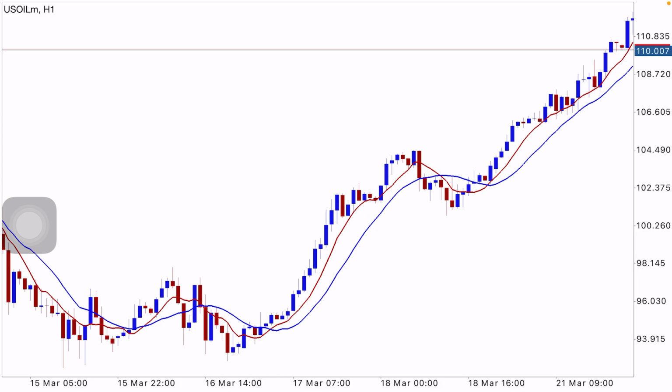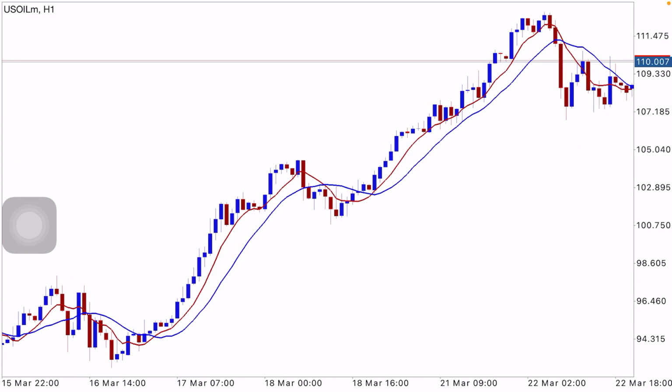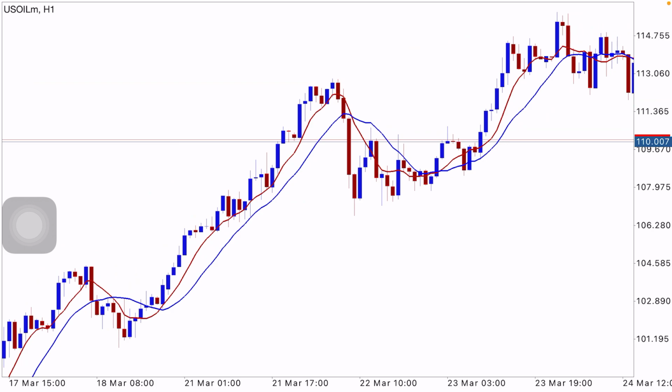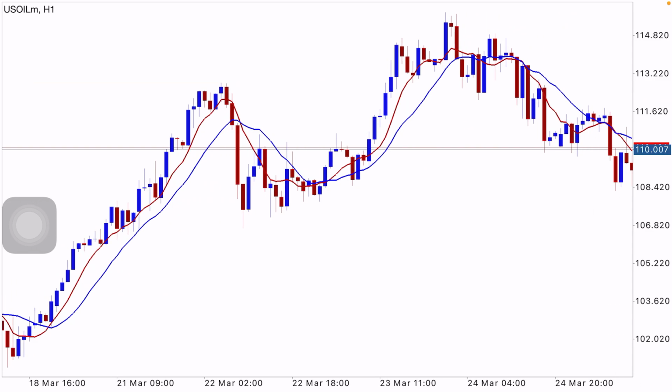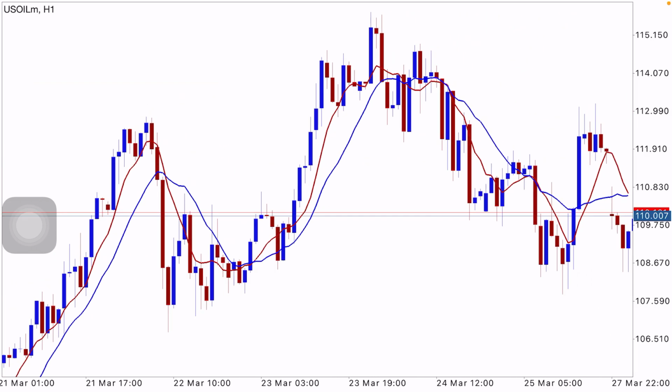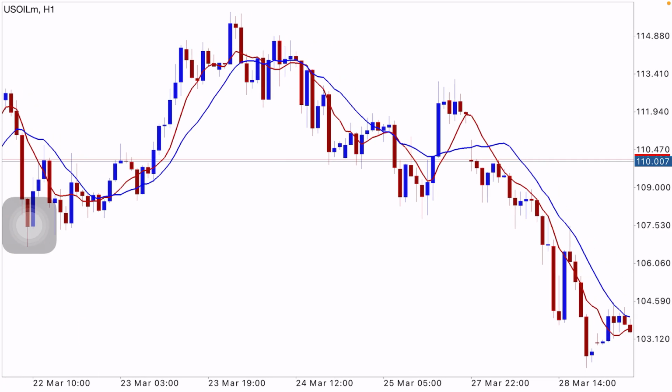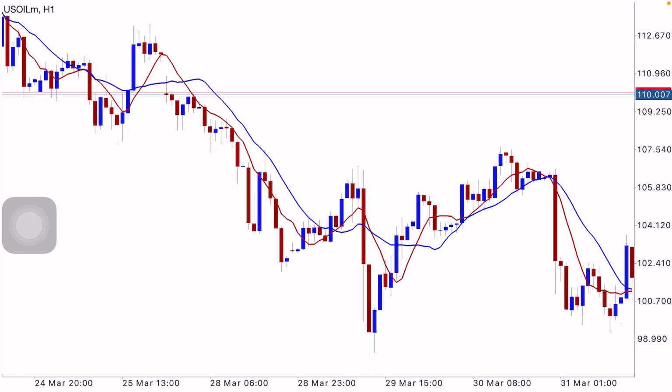So if the red line crosses the blue line, or if the 7 moving average crosses the 14 moving average and it is pointing upwards, it means the probability that price is going to buy is high. If the cross occurs and the red moving average crosses downwards, it means the probability that price is going to sell is high.